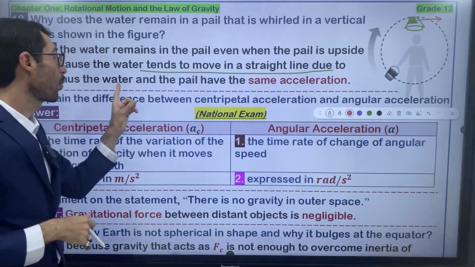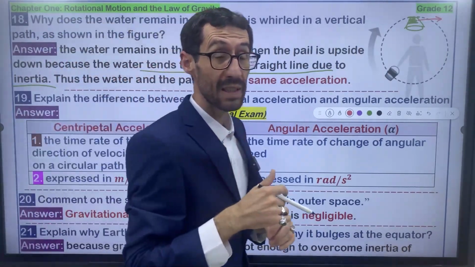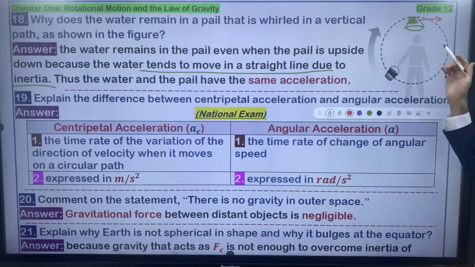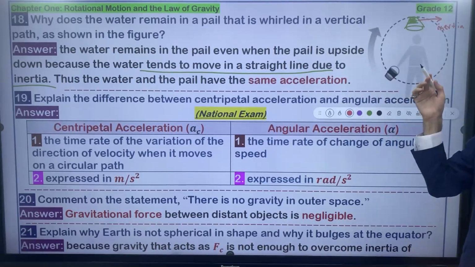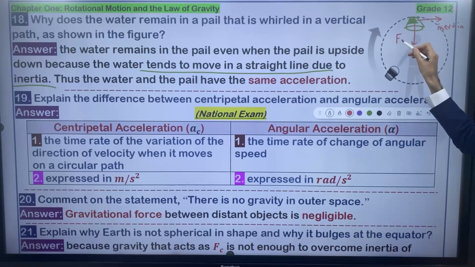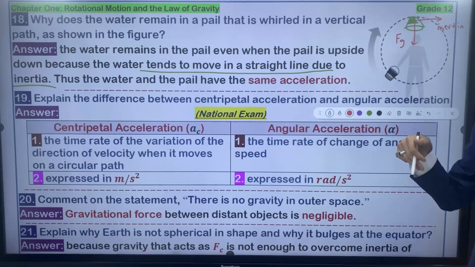Do the water and the pail have the same acceleration? Simultaneously, there are two phenomena. The first, inertia, tries to move the water in a straight line, and gravity, Fg, or the weight of the water, tends to pour the water downward.